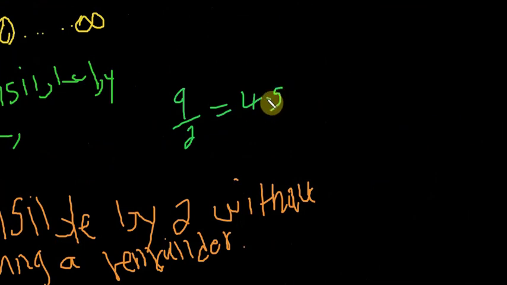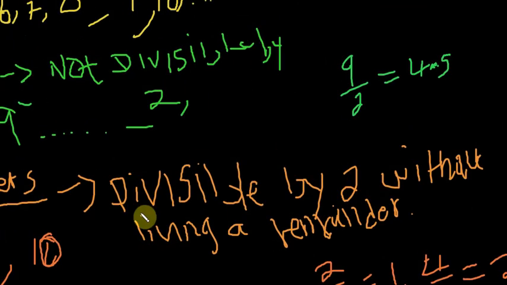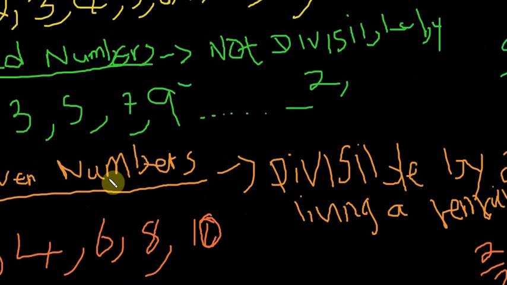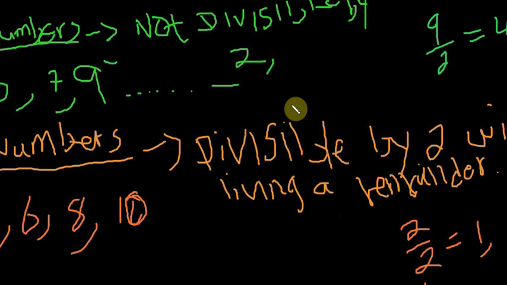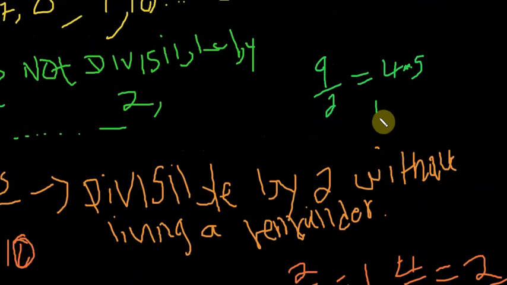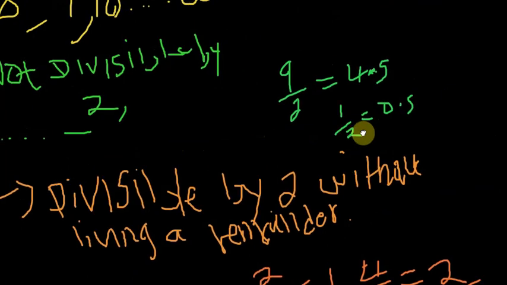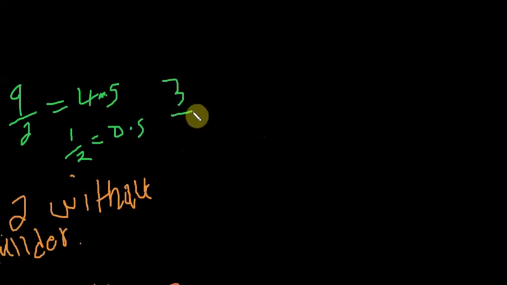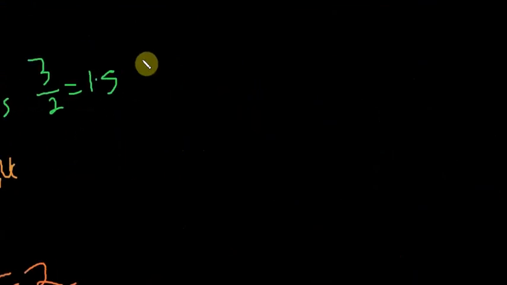We can already see there's a point there, which tells us there is a remainder. 7 divided by 2, same story. 1 divided by 2 gives us 0.5. 3 divided by 2 gives 1.5. 7 divided by 2 gives 3.5. 5 divided by 2 is 2.5.